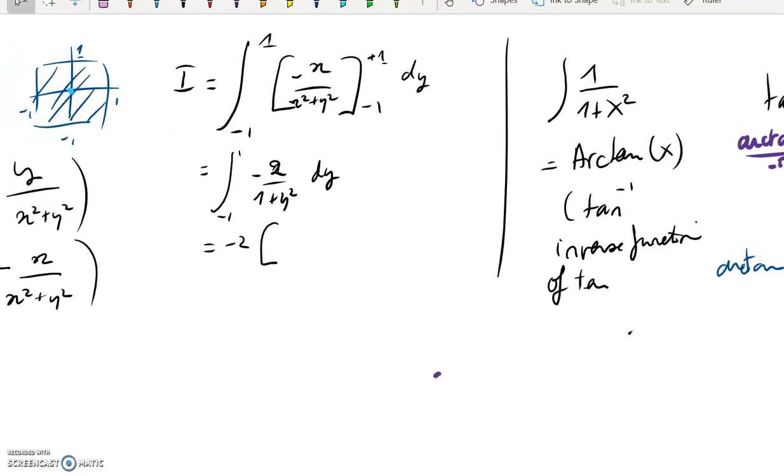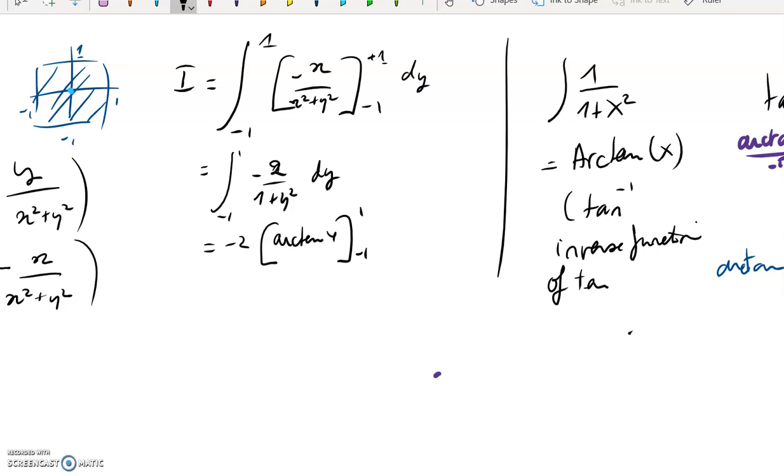So back to our double integral. If I do the integration with respect to x first, which I was doing, I get the arctangent of y, between 1 and negative 1.